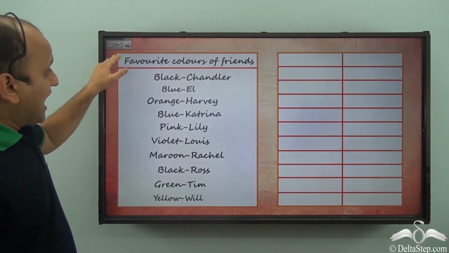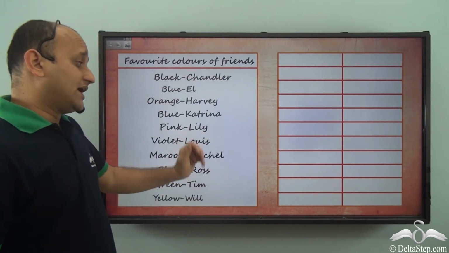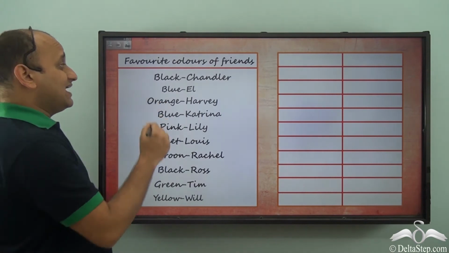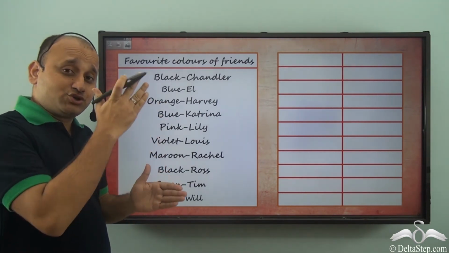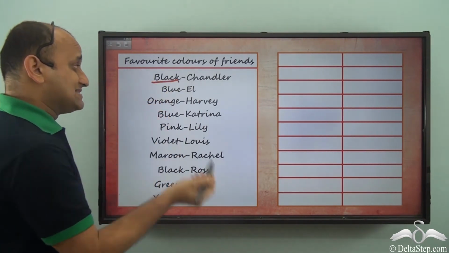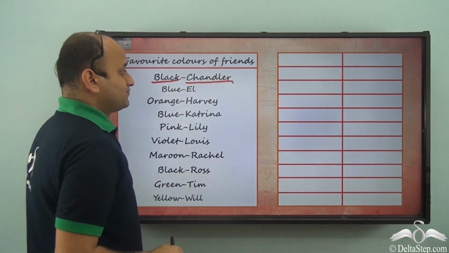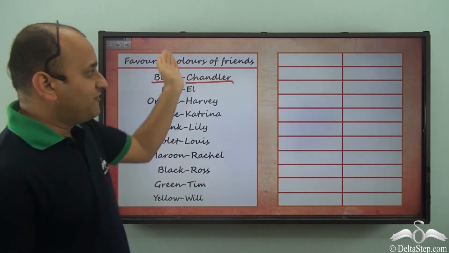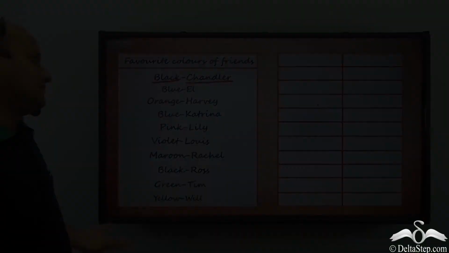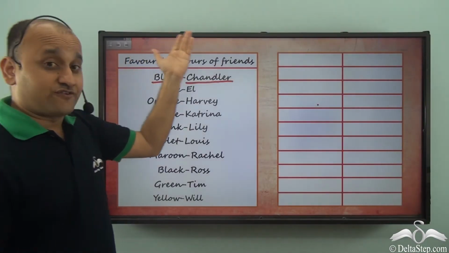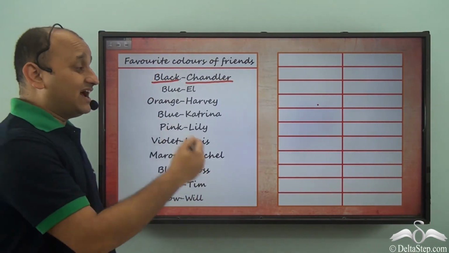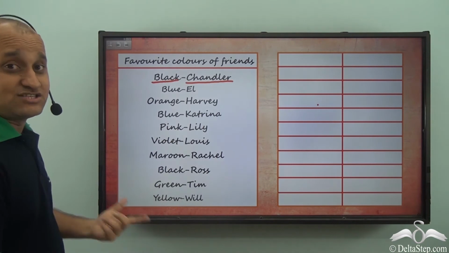Now similarly, we have favorite colors of friends. Again, we have two columns, and even in this, the data can actually be categorized into two portions. One is the color and second is the name. So on this basis, again, if we write on this particular table, then how can we write it? Well, we can represent it in terms of colors or in terms of names. So let's represent the data in terms of names, that is on the basis of names.